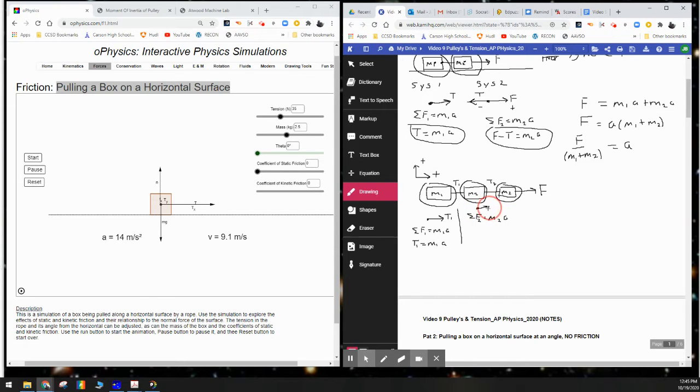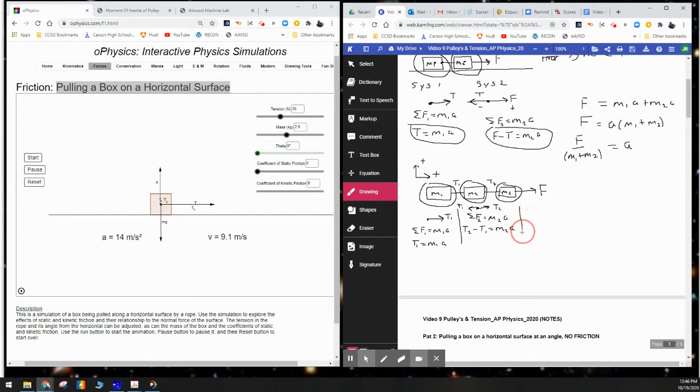I have T2 acting in this direction, and I have T1 acting in that direction, like so. So it's going to be T2 minus T1 is equal to M2A. Okay, and that's as far as I can go.